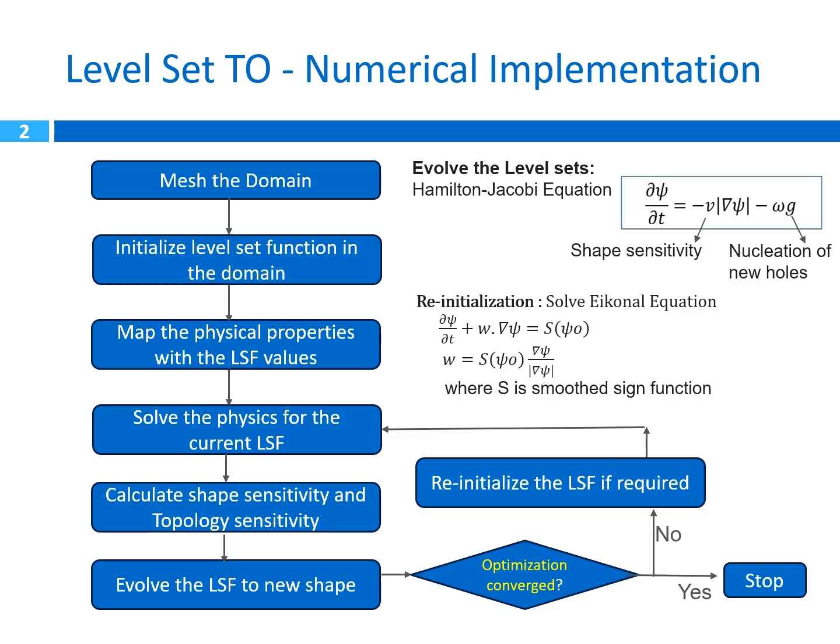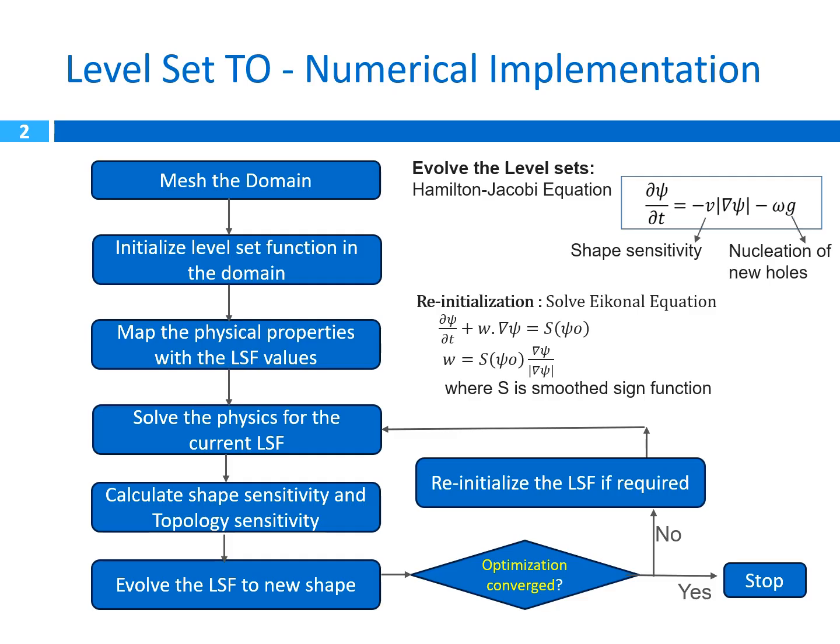Coming to the procedure, first we need to mesh the domain, and then we need to initialize the level set function in the domain. Typically, we consider the signed distance function as the level set function, and that has to be initialized within the domain. So you can distribute 4 circles in a row within the computational domain.